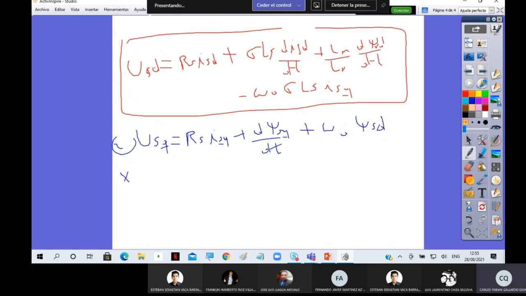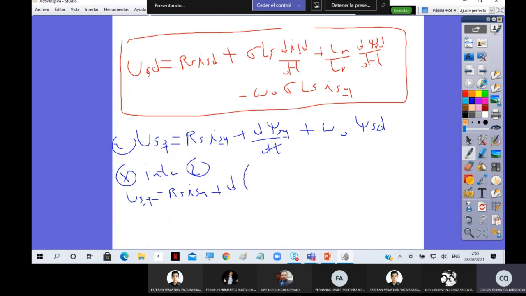So substituting the flux equation into equation 2, okay, I will get the stator voltage on Q-axis is equal to the stator resistance times the stator current on Q-axis plus the derivative.